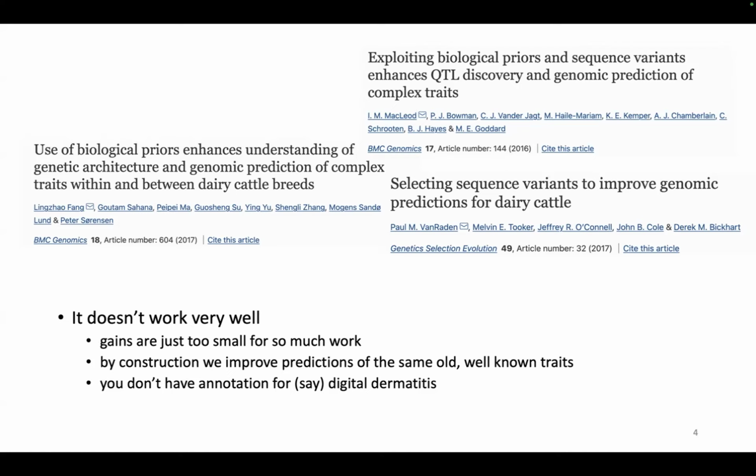There were lots of trials in 2015, 16, 17, until a few years ago. Basically you can find some gains, but they are small and depend on the trait. And there's something tricky: it's easy to do things for traits that are well recorded. It's very easy to find QTLs for protein yield, but you don't need anything for protein yield because it's very easy to improve. So by construction, you improve even more traits that are already easy to improve.